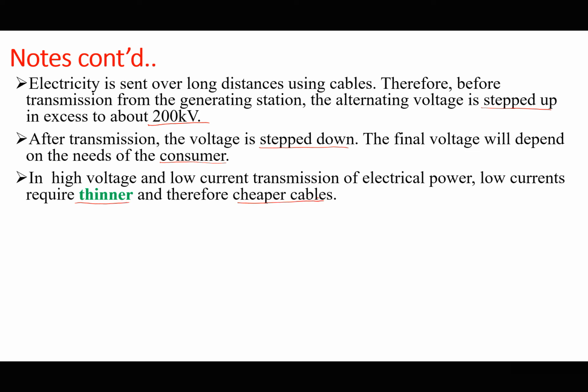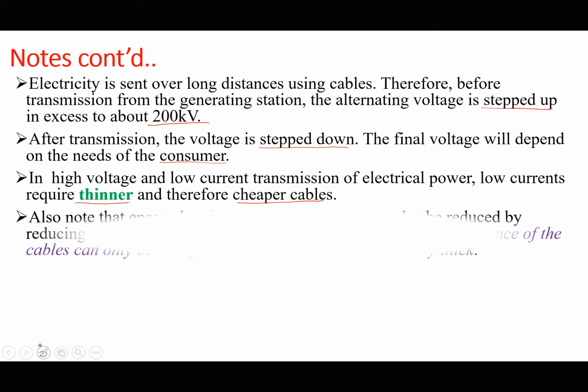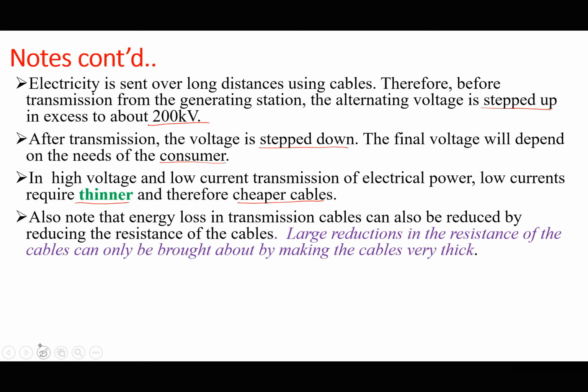Since we have transmitted power at a high voltage, the current flowing is low, so we can use thinner cables. Thinner cables are even cheaper because the material will be less.